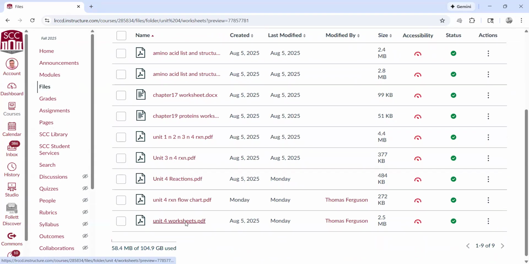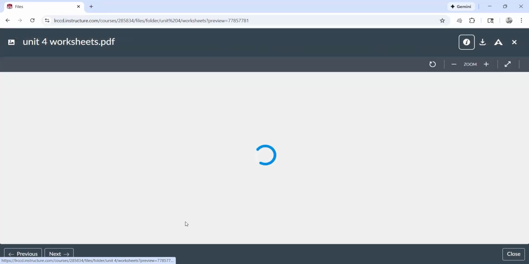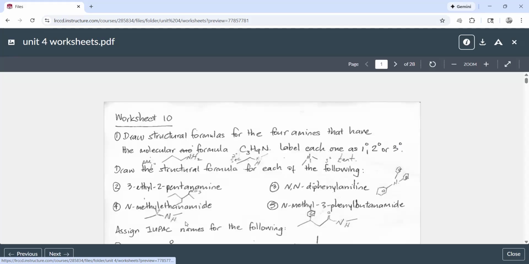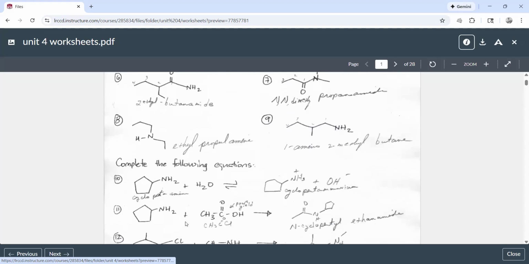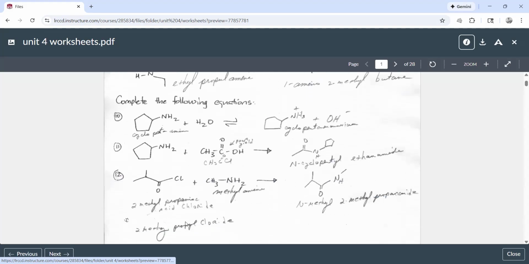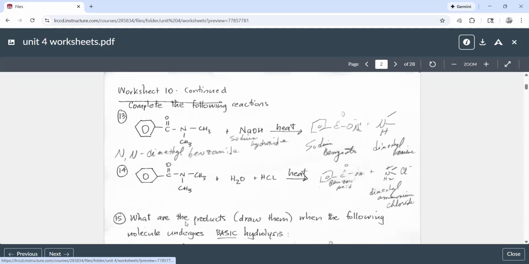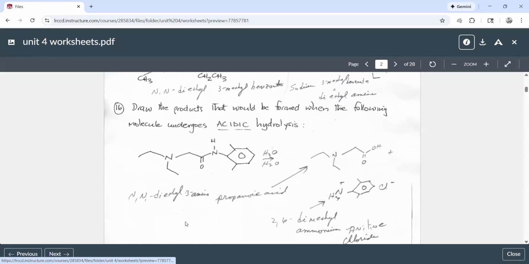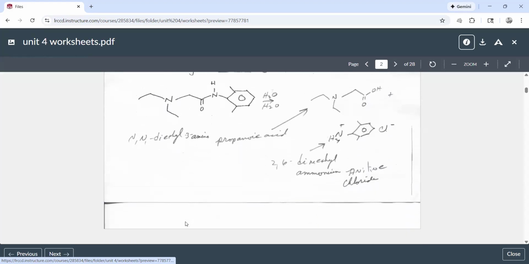This is what I loaded Monday. So more practice naming, structures from name, reactions.